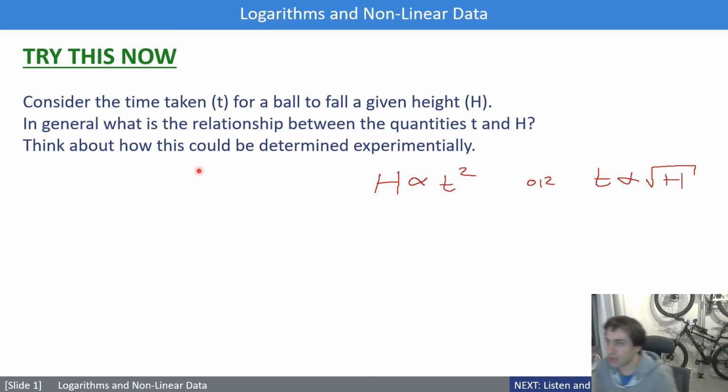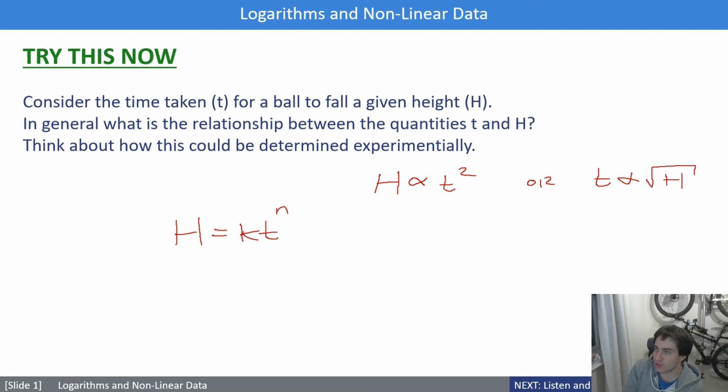And so then to answer this question, how could it be determined experimentally? What you could do is use coding, right? So if you know that h is equal to, in this case, let's not use a, that's a bit too ambiguous, let's use k. So let's say you know it's in this form, or you're assuming it might be in that form.